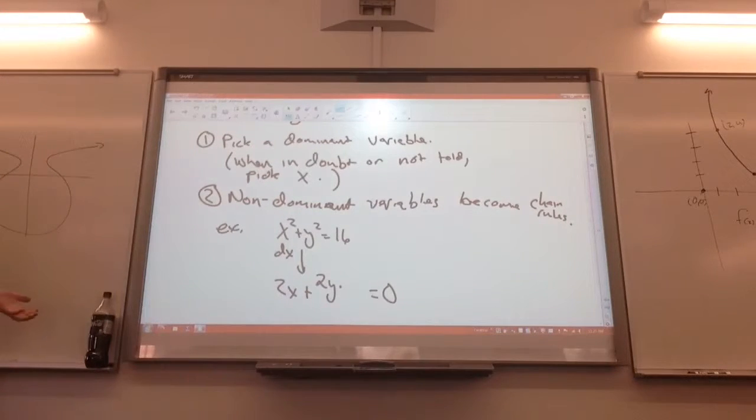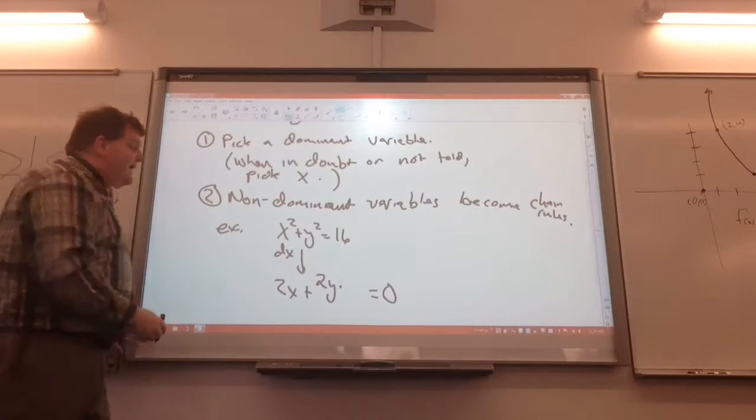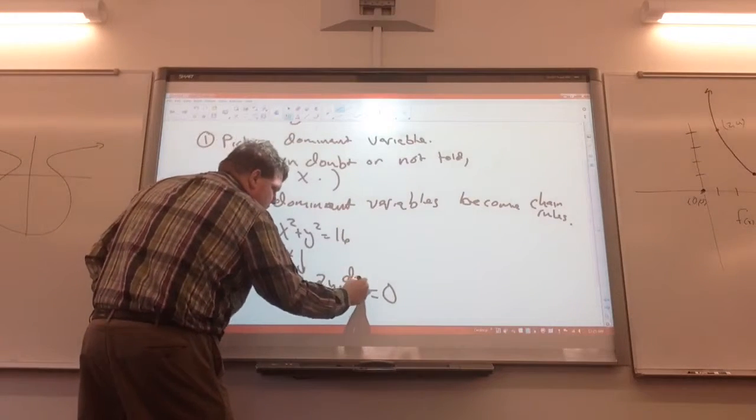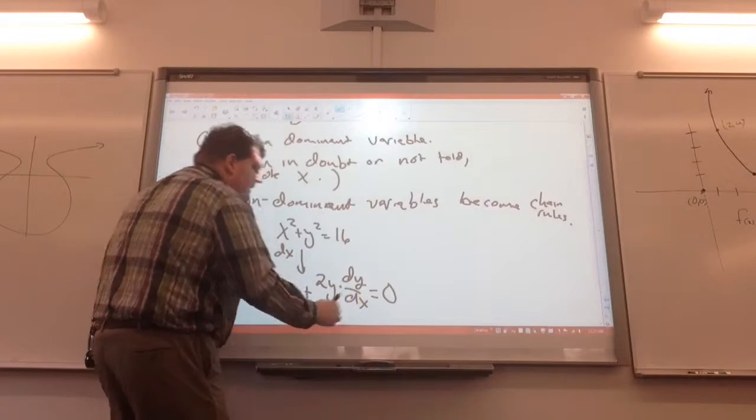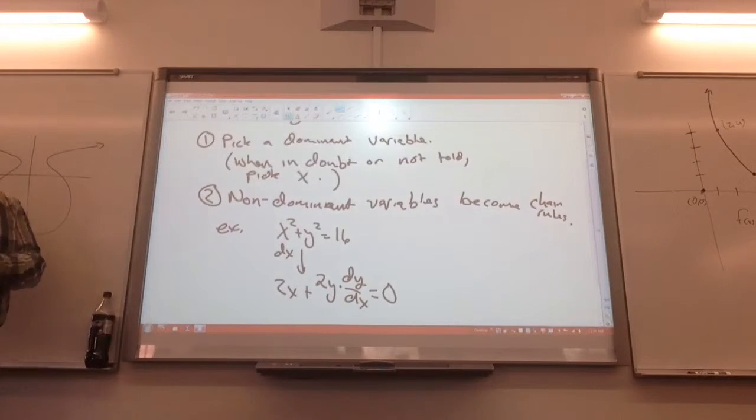Now, we're not going to make it 0 here, but we don't necessarily know what it is. We're just calling it the derivative of y with respect to x, right? So dy by dx. And hey, isn't that actually kind of what we're trying to figure out anyway? The change in y with respect to the change in x? Yeah, that's what the derivative is, right?